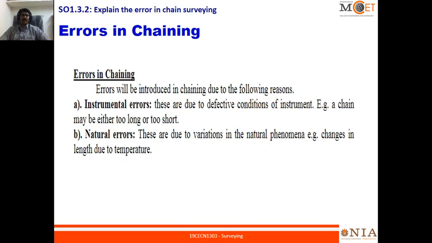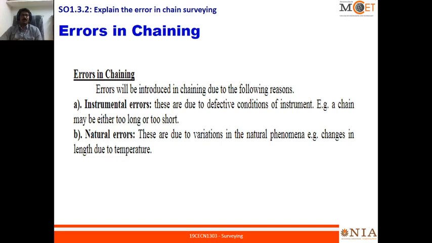How it gets elongated or shortened depends on the type of pull we apply, right? Or if you are continuously using a particular chain for a long period, it may expand. So such defects may happen in the instrument, so the correction has to be made. This error is called the instrumental error.